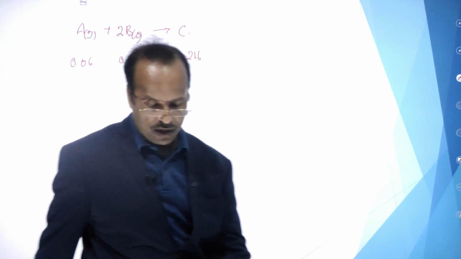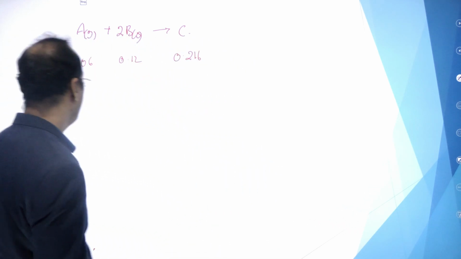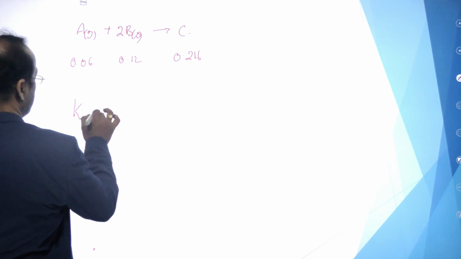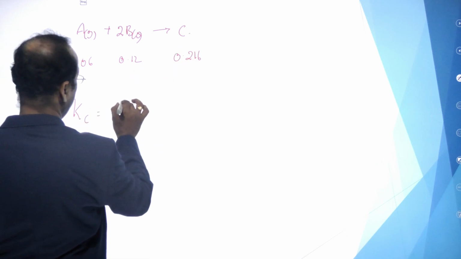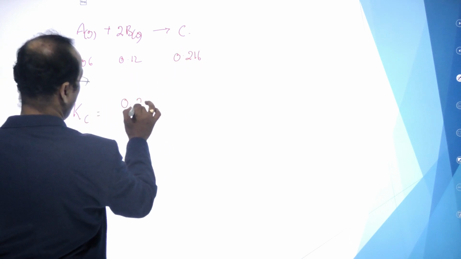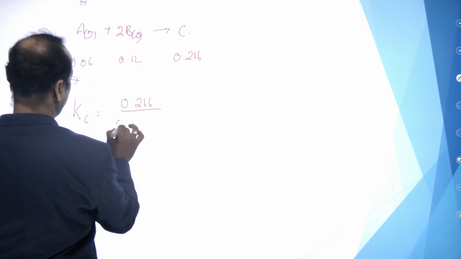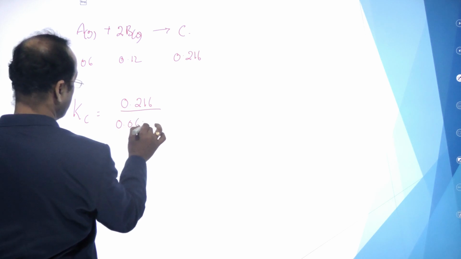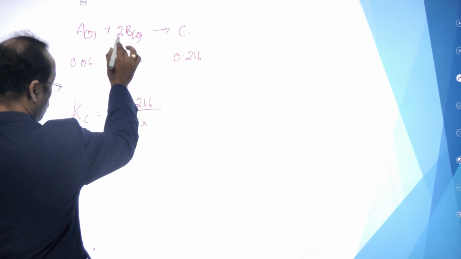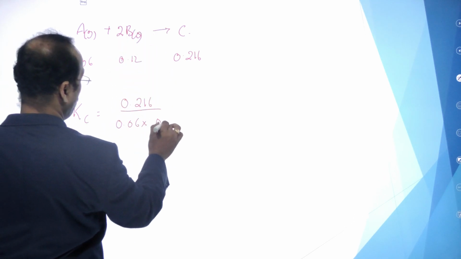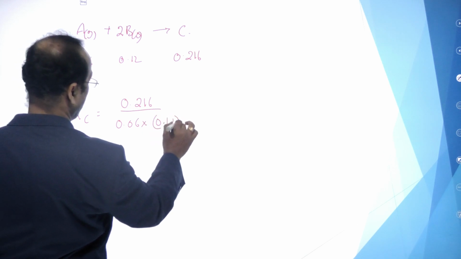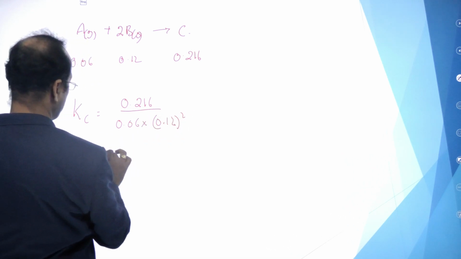So what is the formula? Kc is equal to the concentration of C, directly I am writing 0.216, divided by the concentration of A, 0.06, into B, 2 moles, so the power you have to take is 0.12 whole square.